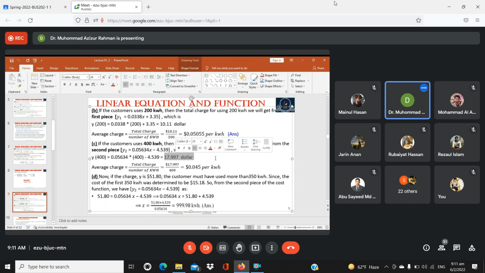$17.99. If we divide this by x, that means 400, then we can get the cost per kilowatt hour.